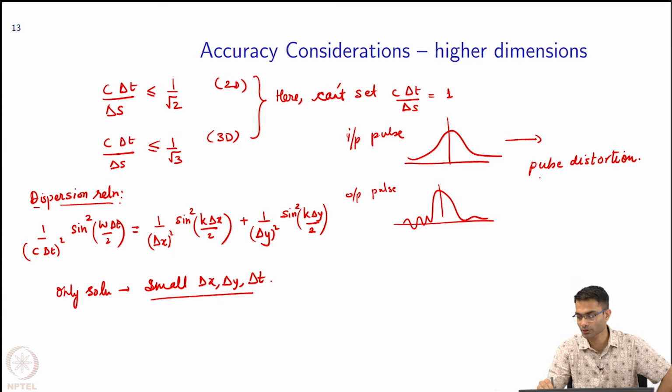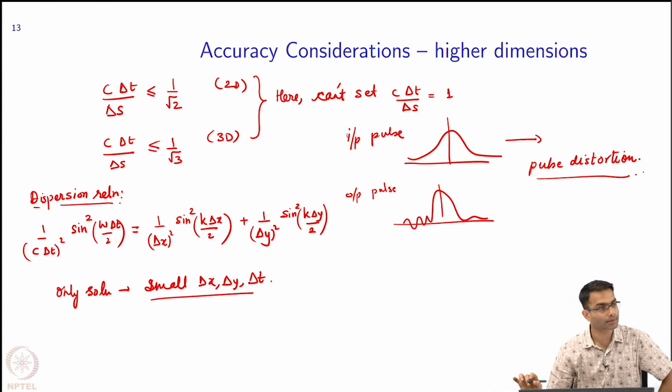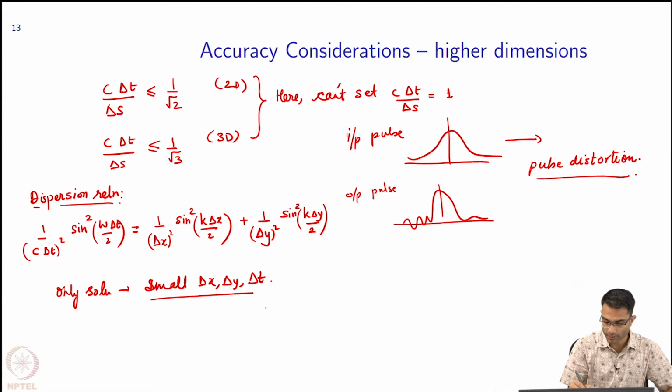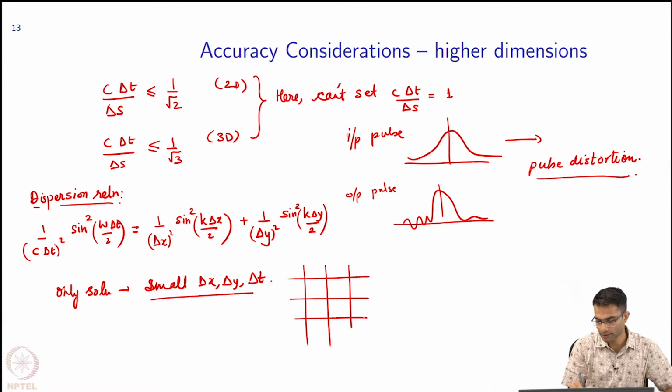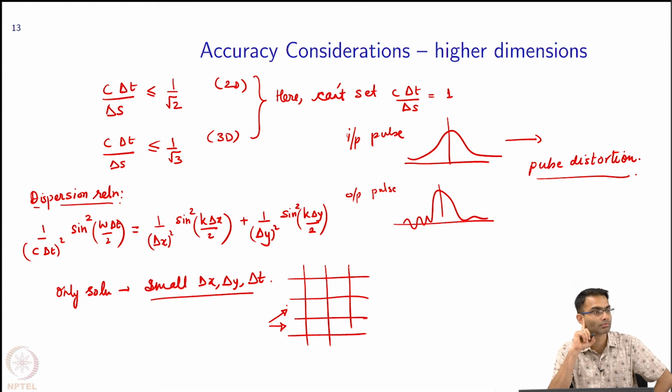So pulse distortion is what happens, and it is a given in higher dimensions. There is another thing that you have to live with, and again the solution is making delta x and delta t small. Imagine a 2D grid like this. I send a pulse like this, it distorts. Now I send a pulse in some other direction, what will happen?